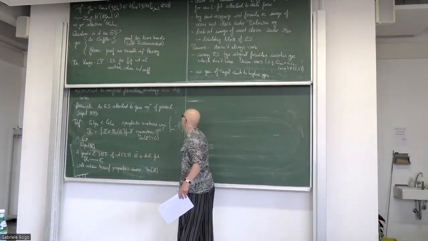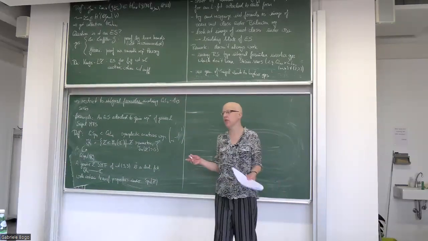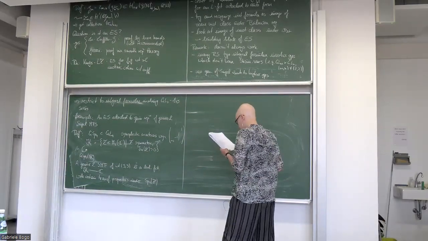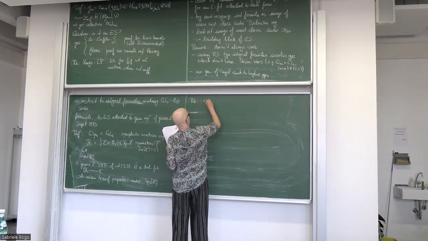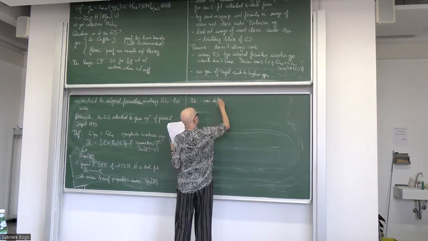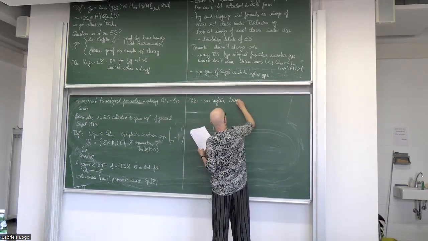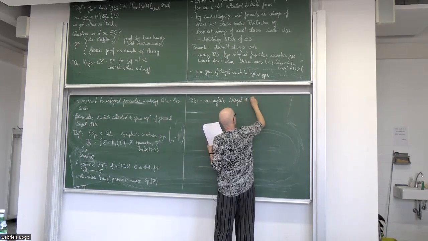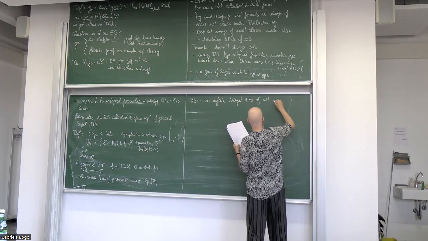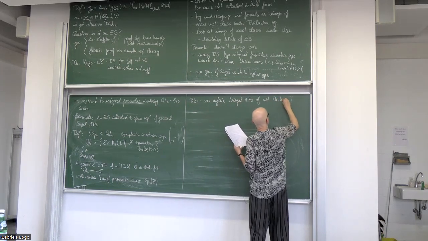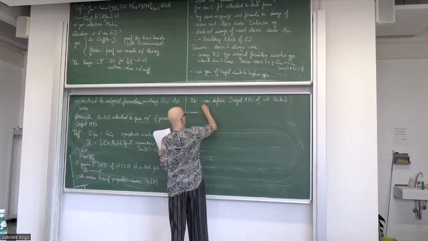Of course, you can also define Siegel modular forms of weights bigger than or different from 3. So, remark: we can define Siegel modular forms of weights k1, k2, where k1 is greater than or equal to k2.